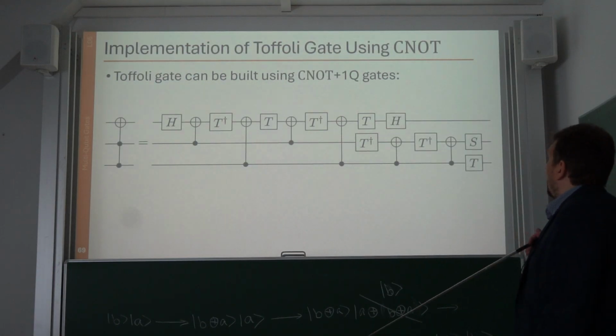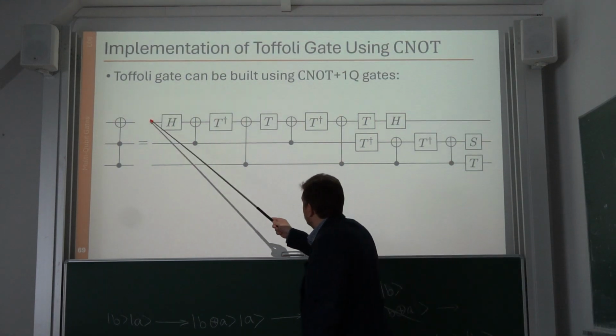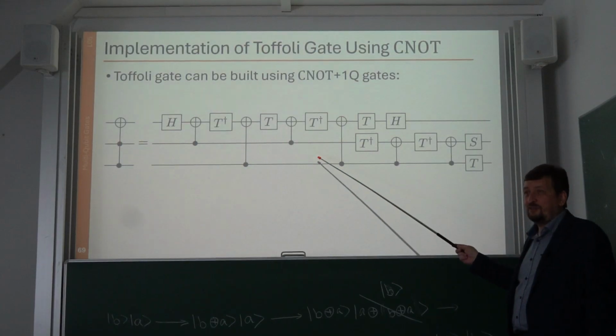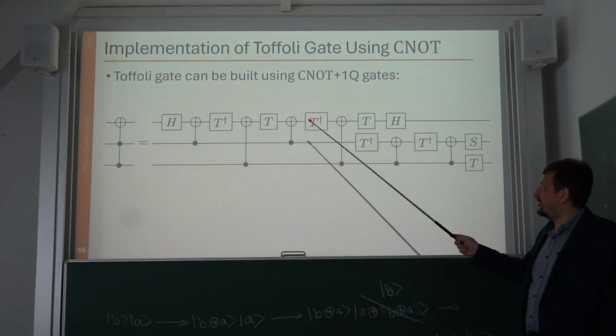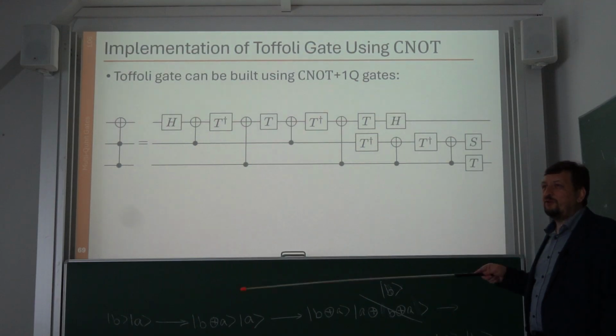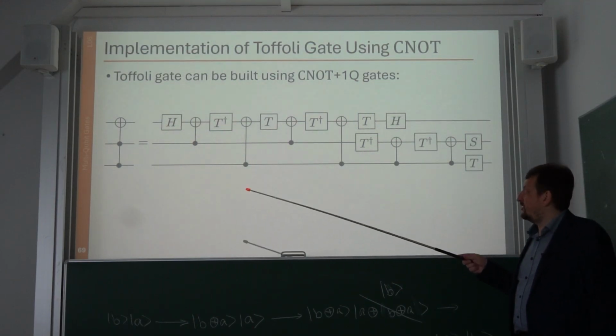Okay, so here is how we can build this Toffoli gate, or control-control-X gate, from single-qubit and CNOT gates. You see, it's a very complicated decomposition, but it follows the same ideas as the usual decompositions that we see.